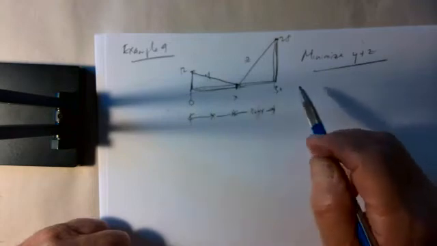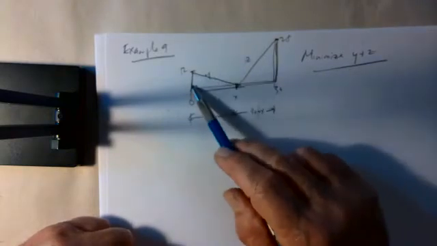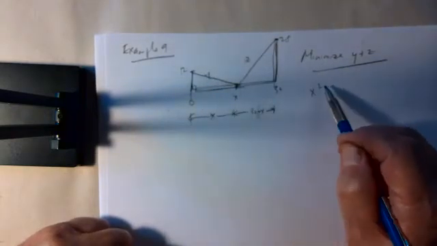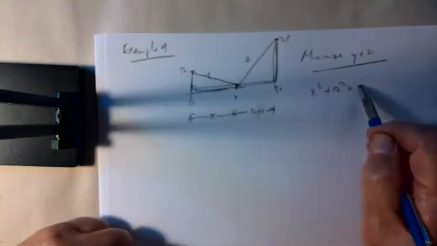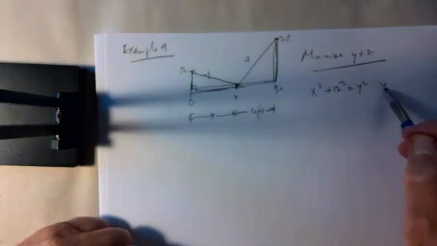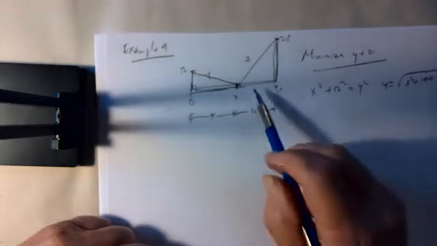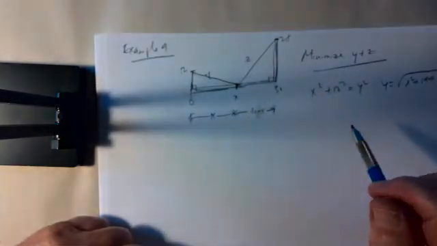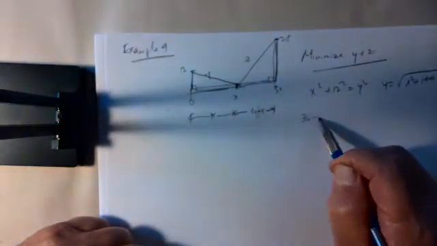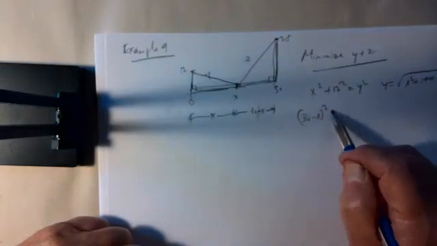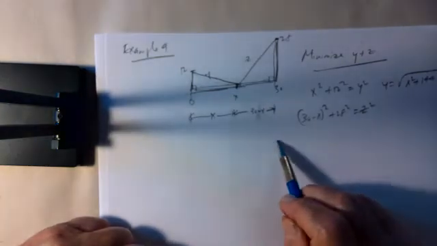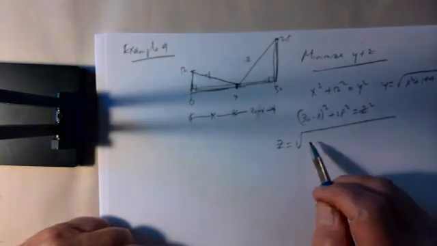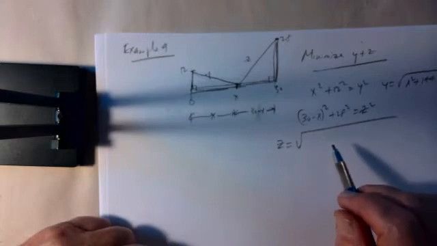So for y, we know that's the hypotenuse of this right triangle. X squared plus 12 squared is y squared. So y is the square root of x squared plus 144. And in this right triangle, 30 minus x squared plus 28 squared is z squared. So z is the square root of this plus this.